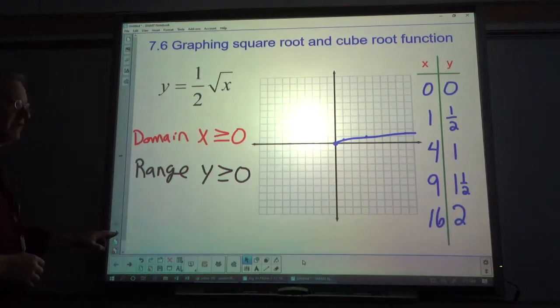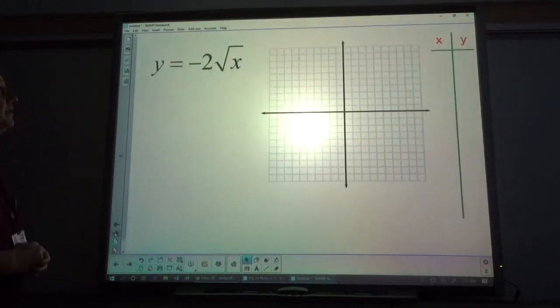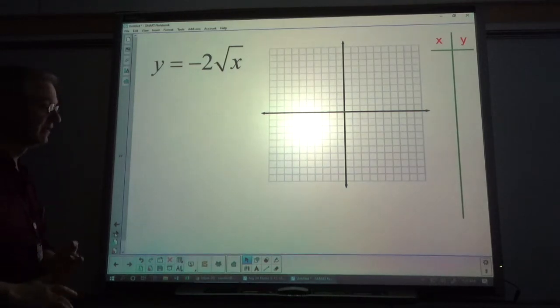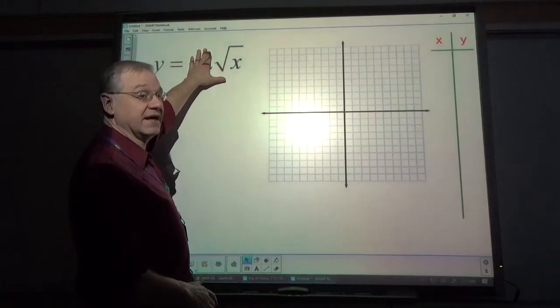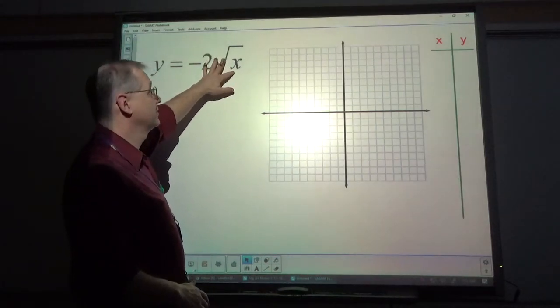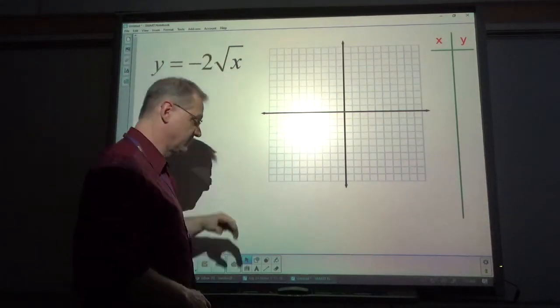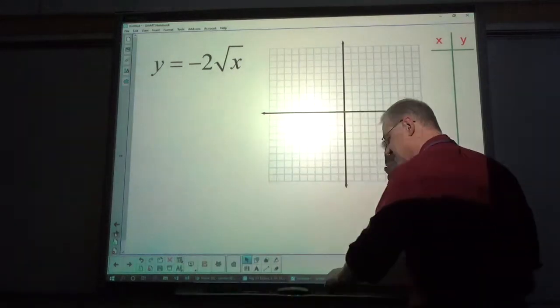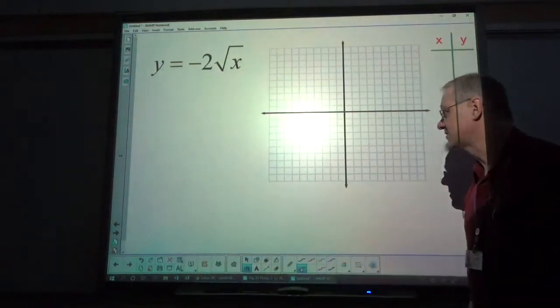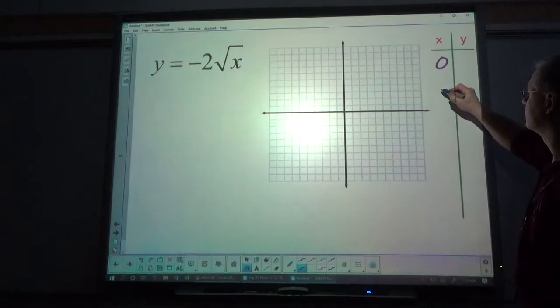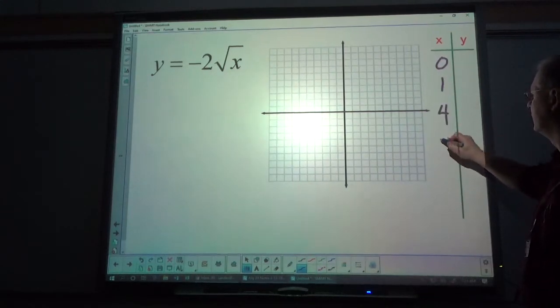Let's take a look at another example. In this case, I'm multiplying by a negative number. Now, that's on the outside, so that's okay. I'm just trying to figure out what x values to plug in. It's a similar situation to the last one, where we're going to plug in 0, 1, 4, and 9.